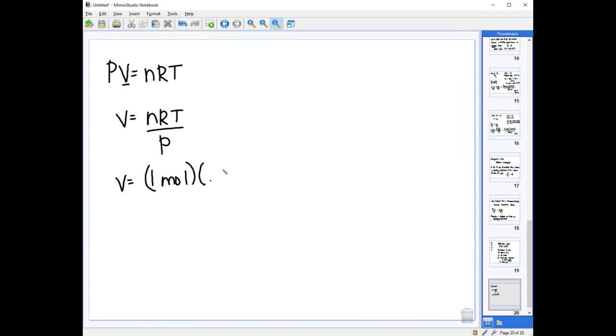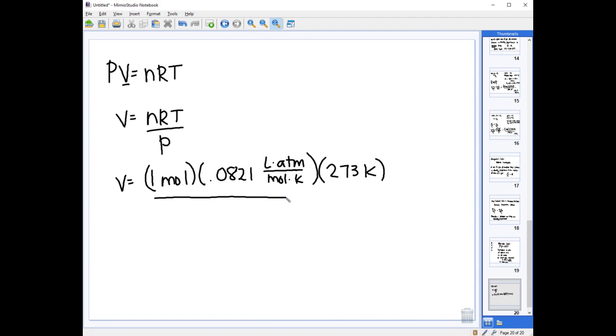We plug in our R here, 0.0821. Now it continues, but we just round to 3 significant digits here, and that's liter times atmosphere divided by mole times Kelvin. And we plug in our temperature. It's standard temperature, 0 degrees Celsius, so it's going to be 273 Kelvin, and that is at 1 atmosphere.